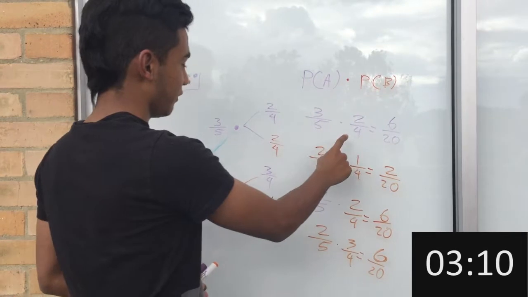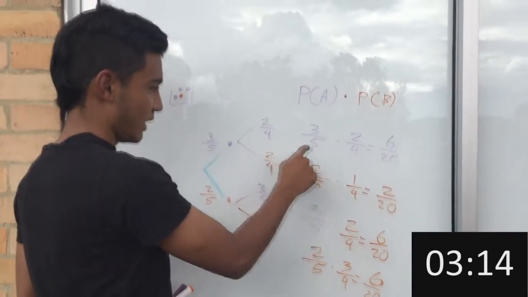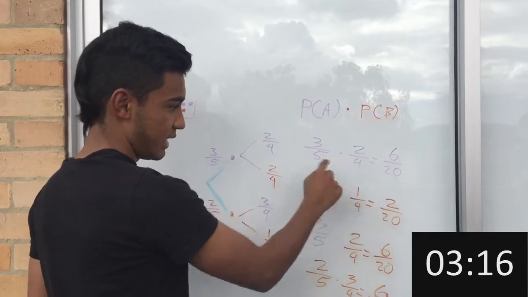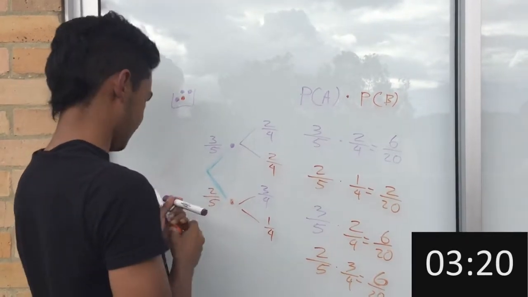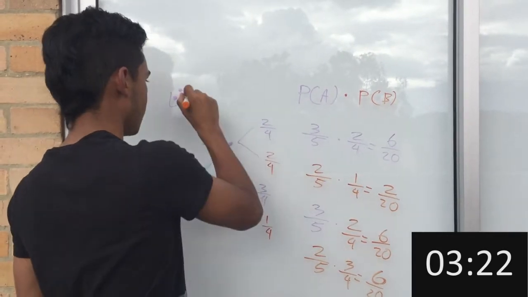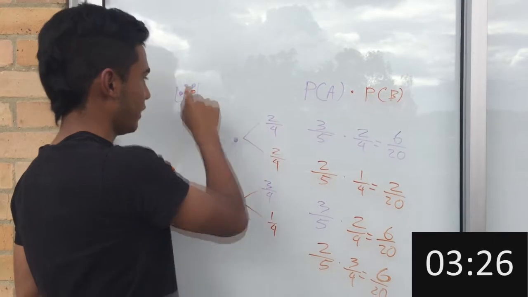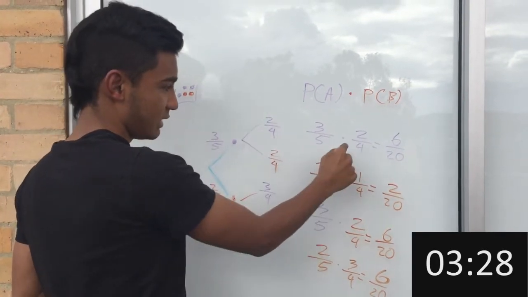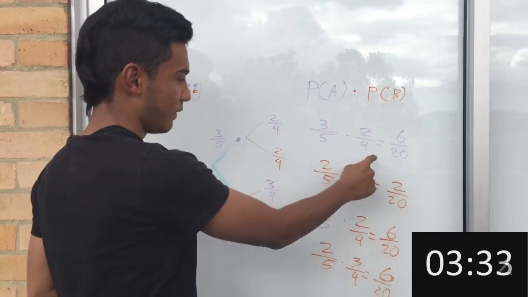Here, if we only draw out 2 of the same color, that is violet, we have 3/5, that is the 5 balls, 3/5, and this time 2/4.